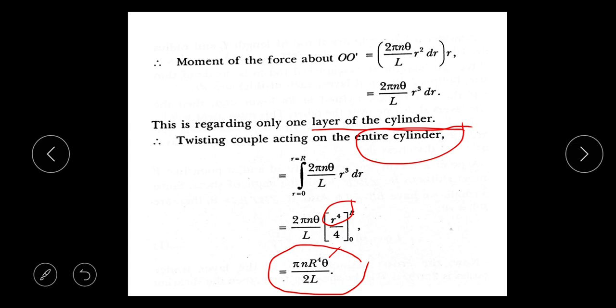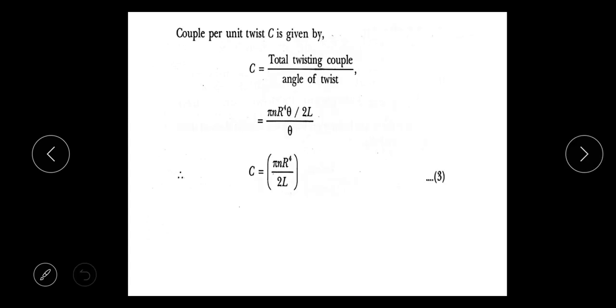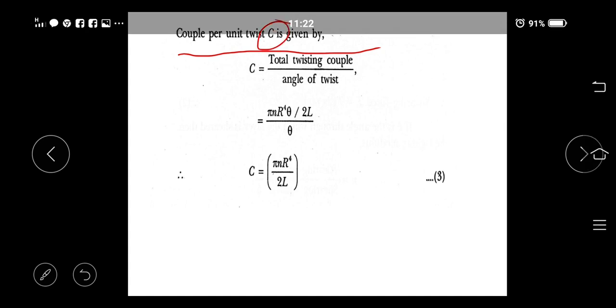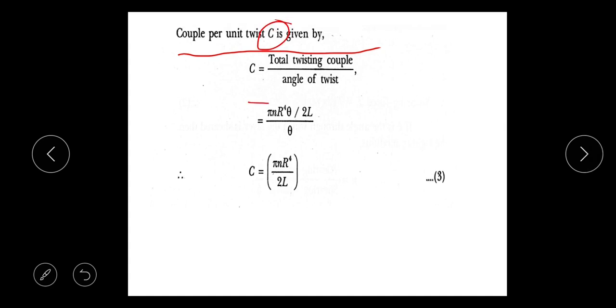Here L is the length of the cylinder, R is the radius of the cylinder, theta is the angle of twist, and N is the rigidity modulus, pi is a constant. Next, couple per unit twist is represented by C. Couple per unit twist C is equal to total twisting couple divided by angle of twist. The total twisting couple we have derived is pi N R to the power 4 theta divided by 2L.